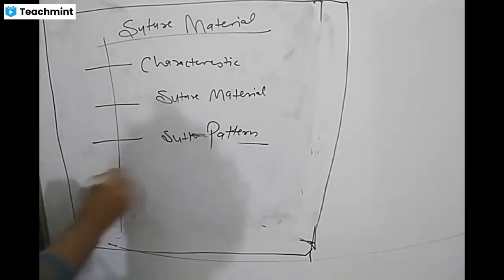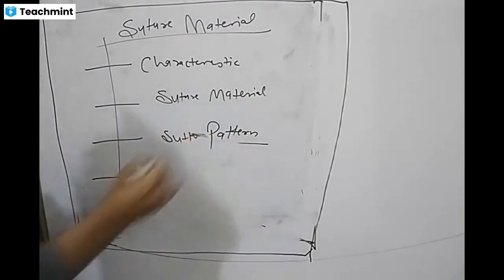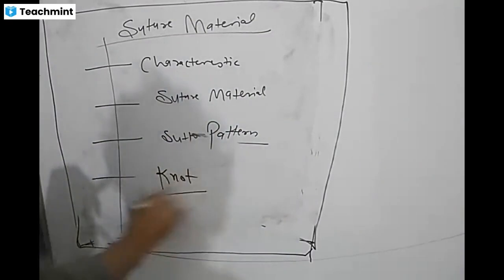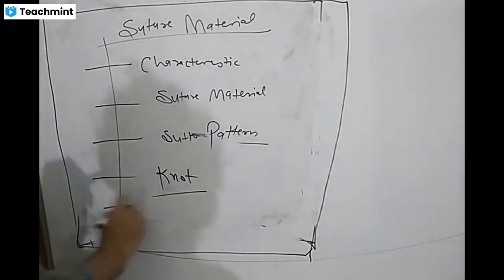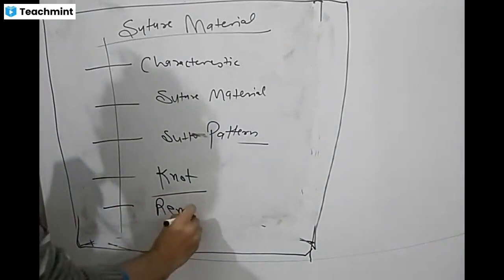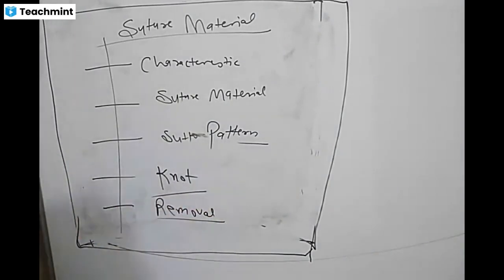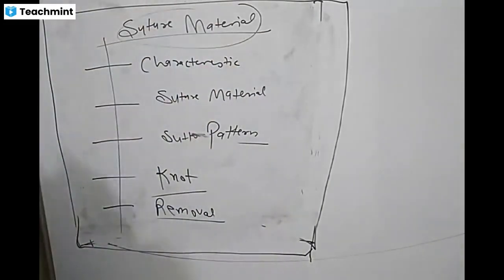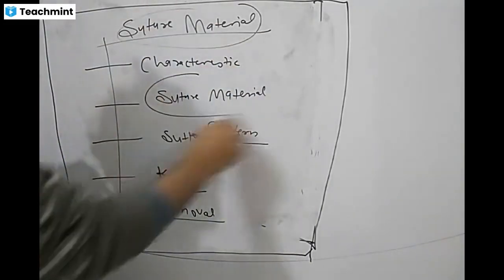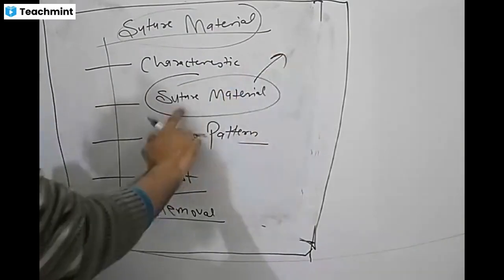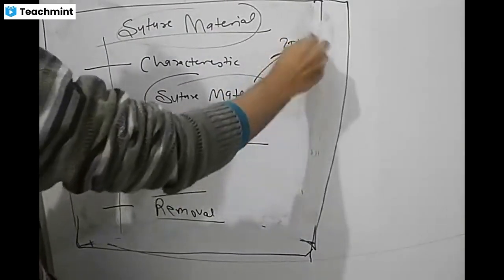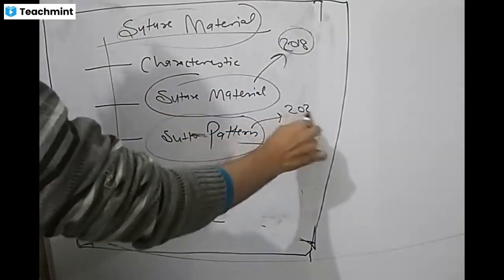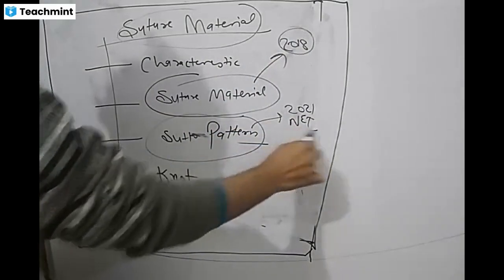Suture pattern. Once we apply the pattern, then we close the suture with something we call a knot. And after this, there will be removal of the suture. In this topic, the suture material, in the ICAR exam, they have asked most of the MCQs from the material itself, like ICAR 2018, suture pattern 2021 ICAR NET exam.